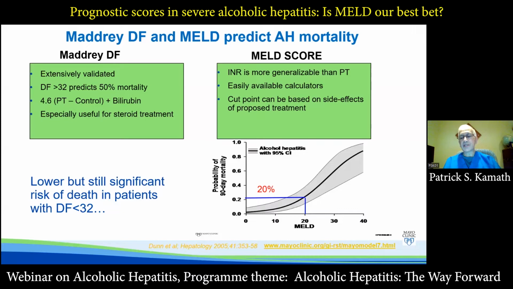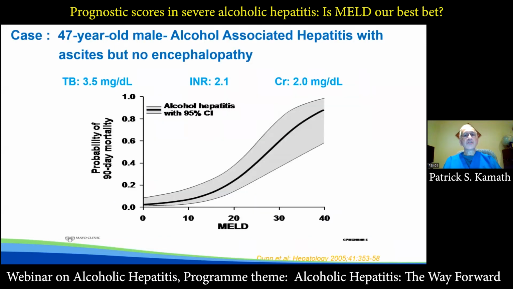And from different studies, the 90-day mortality with MELD of 20 has ranged between 15 and 22%. So in our particular patient with the bilirubin of 3.5, INR of 2.1, and creatinine of 2, this patient's MELD score is 26, which will contribute to mortality of 47% in 90 days.